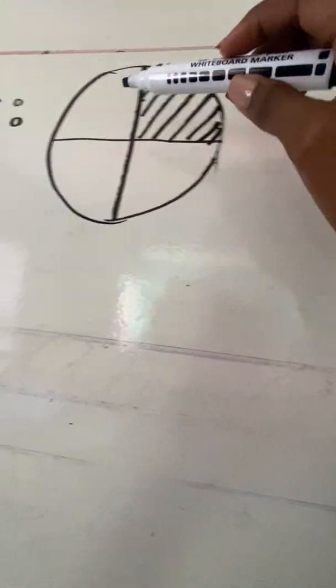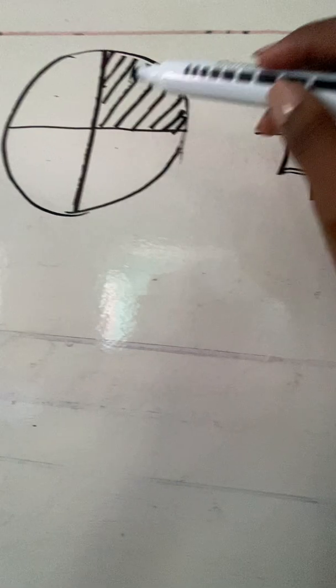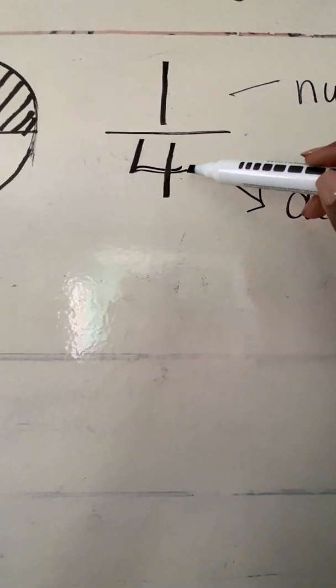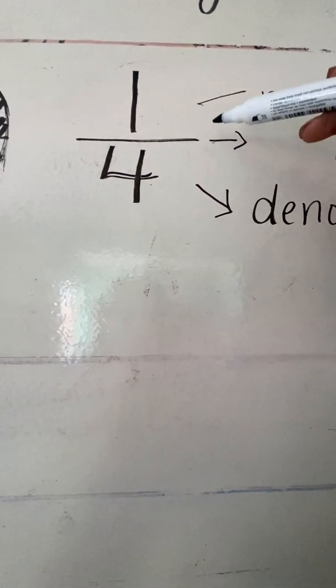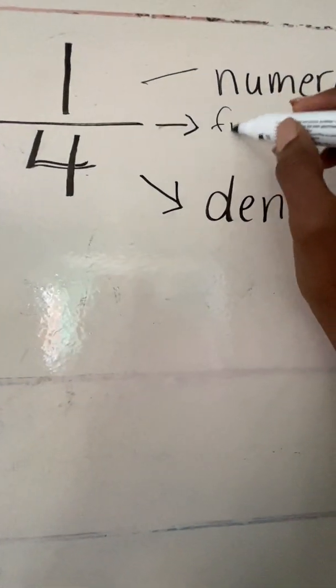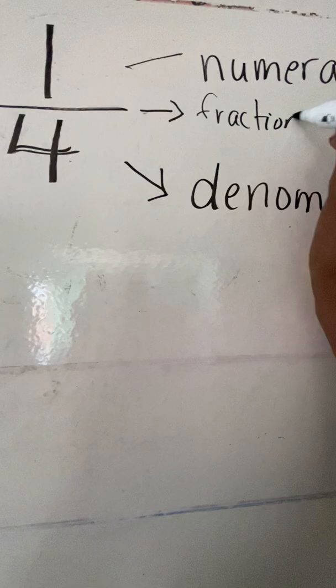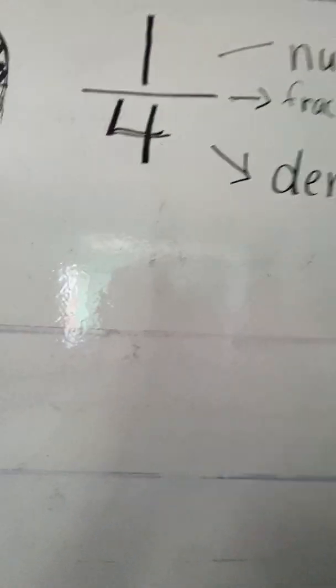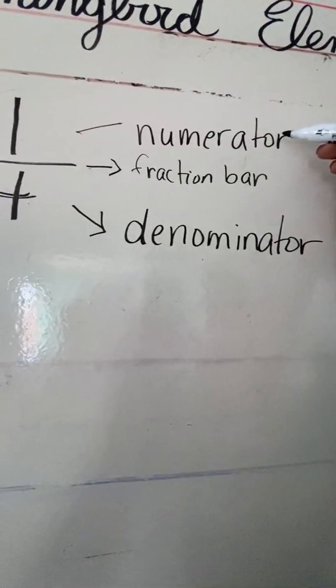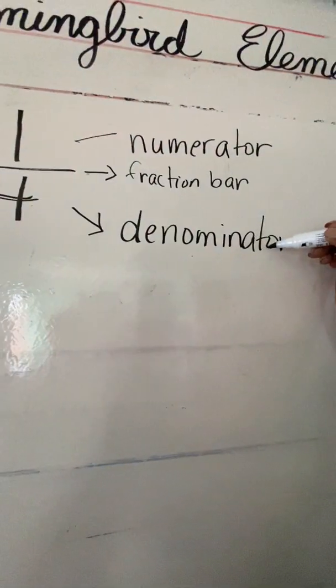The total amount of pieces, 1, 2, 3, 4, that goes at the bottom. The line that separates the numerator from the denominator, this is called our fraction bar. So we have our numerator, fraction bar, and then our denominator.